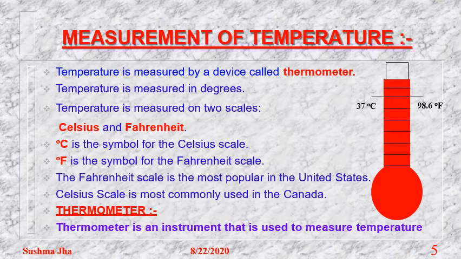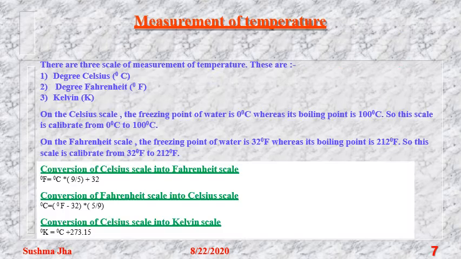The Fahrenheit scale is most popular in the United States, and Celsius is most popular in Canada. The normal body temperature is 37 degrees centigrade, and normal Fahrenheit is 98.6 degrees Fahrenheit. Now we can define a thermometer as an instrument that is used to measure temperature.